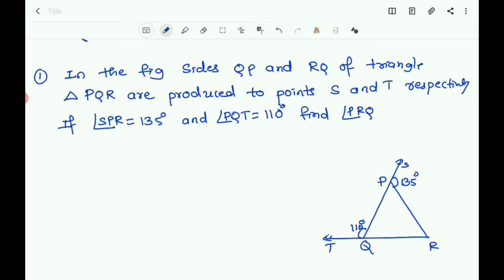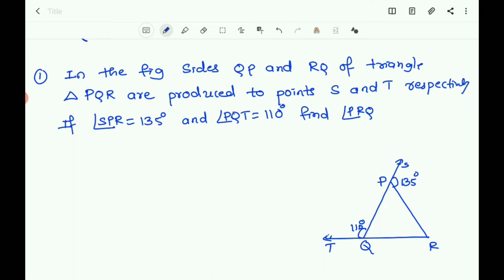Here two exterior angles are given. By using them, you can get two interior angles. And after getting two interior angles, by using the angle sum property, you can get the third angle.